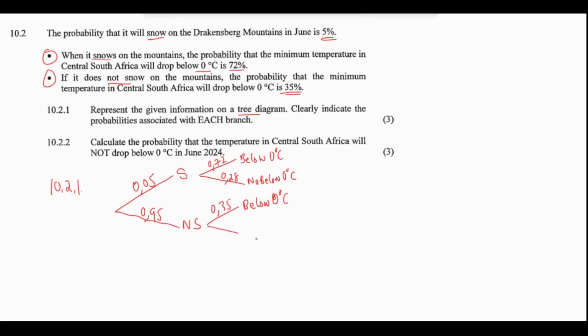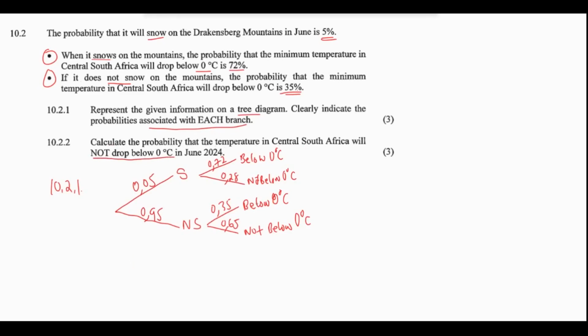So the probability that it is not below 0 degrees Celsius is going to be 1 minus 0.35, that is 0.65. So that's the first part. We have answered the first part: represent the given information on a tree diagram, clearly indicating the probabilities associated with each branch. Done.